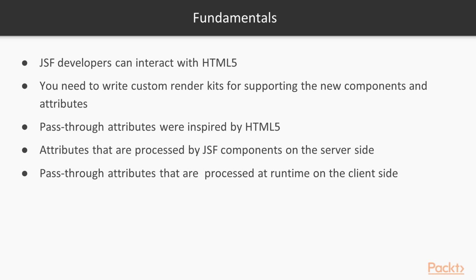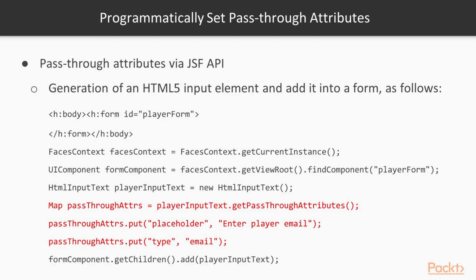So, as a conclusion, we can say that starting with Java Server Faces 2.2, we have attributes that are processed by Java Server Faces components on the server side, and pass-through attributes that are processed at runtime on the client side. An HTML5 element that can be used for exemplifying pass-through attributes is the input element.